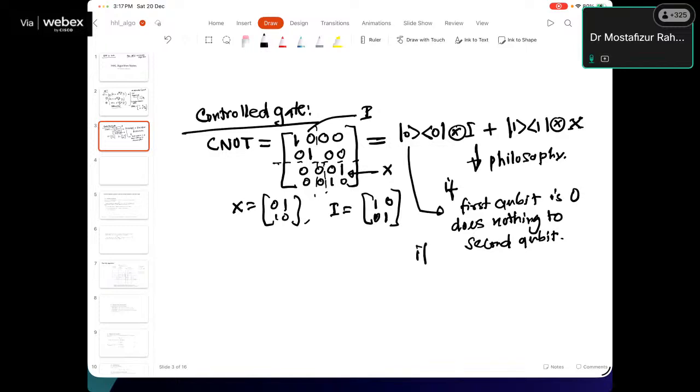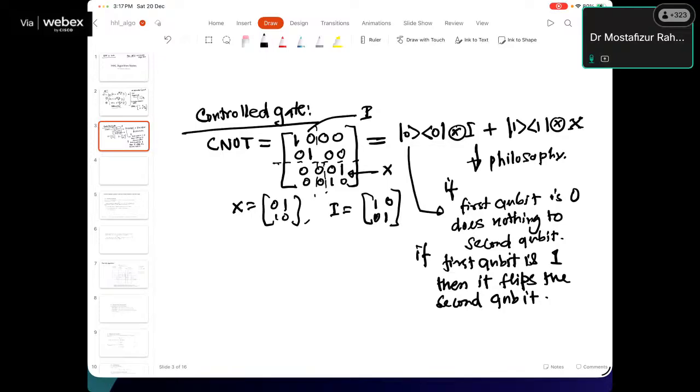And if the first qubit is 1, then it flips the second qubit, right?